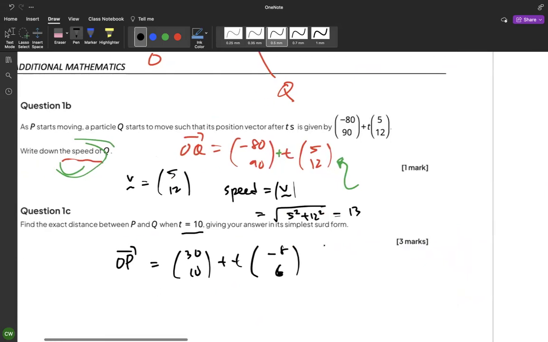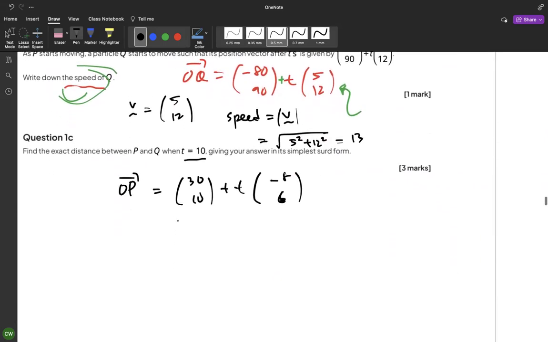Okay, so now the time is 10. If the time is 10, you need to find OP at this time. 10 times minus 8 and 6. What is the value?